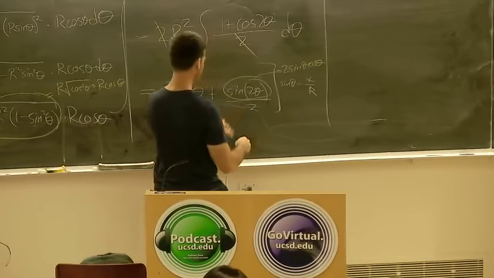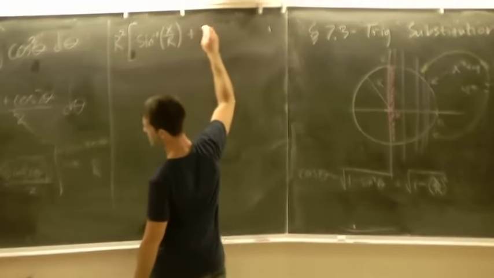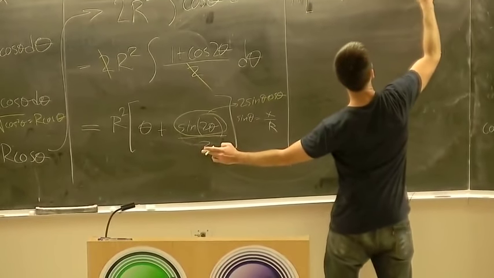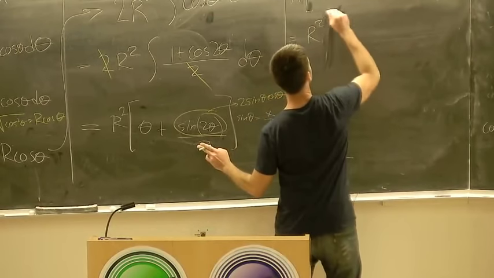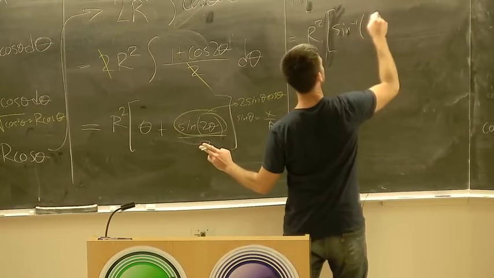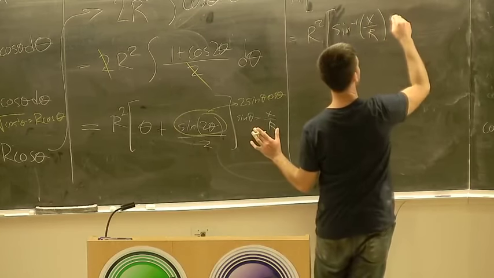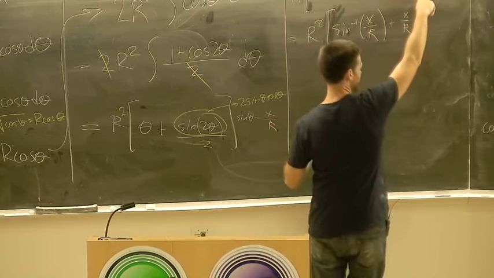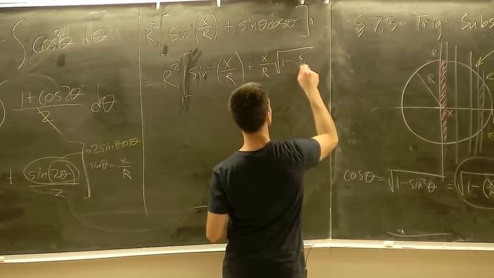So the 2's canceled, leaving me with sine theta cos theta. According to what I just wrote, sine theta is x over r, and cosine theta is the square root of 1 minus x over r squared.